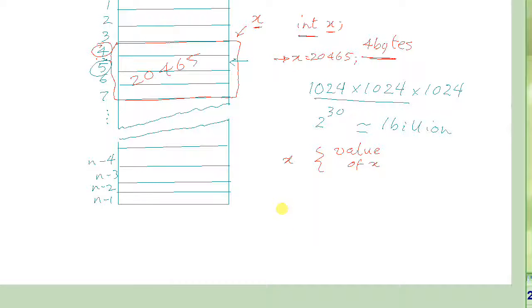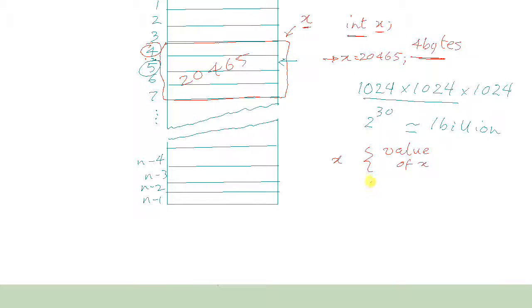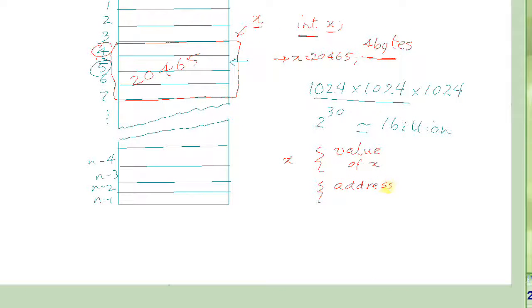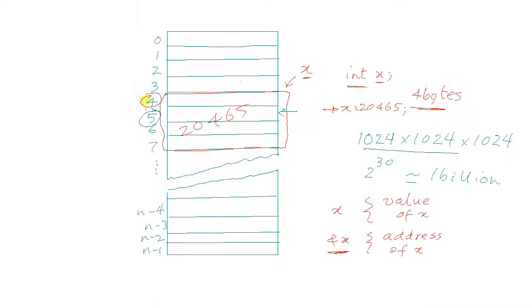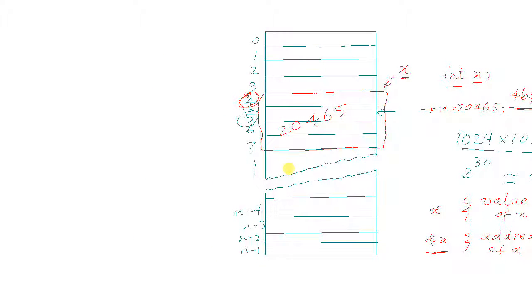Now there is an address associated with x also. And how would you access the address of x? How would you know what the address of x is? There is an operator called ampersand. So in a C program, if you write ampersand x, this means the address of the location where the value of x is stored.